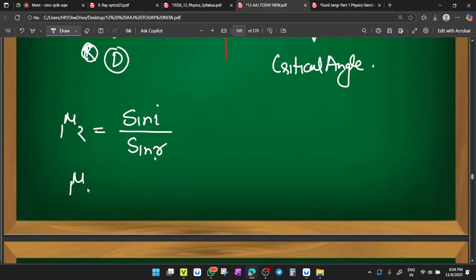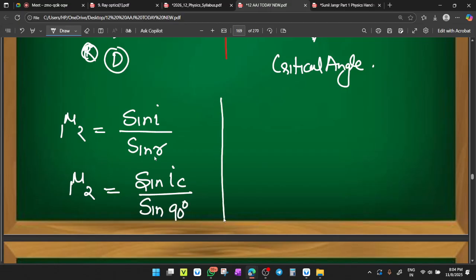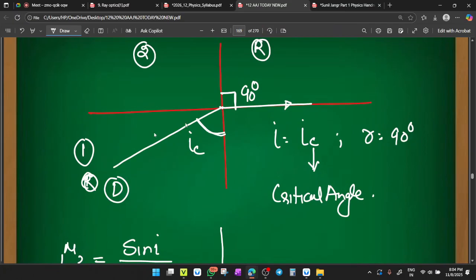So 1 mu 2 equals sine I upon sine R. In the place of I there is IC, sine IC, and sine R equals what? 90 degrees. Clear?